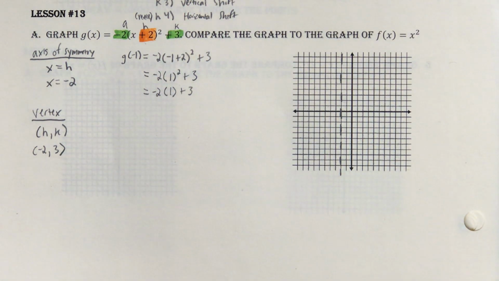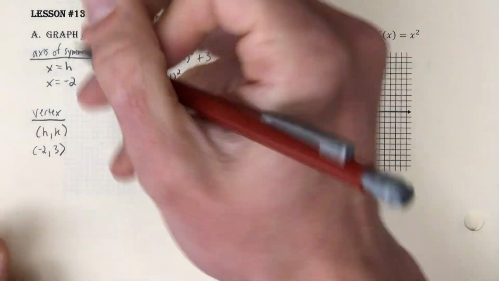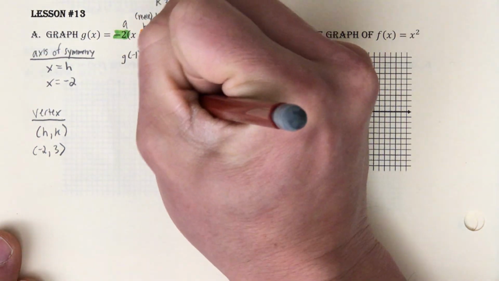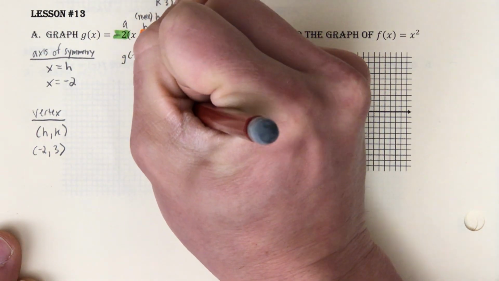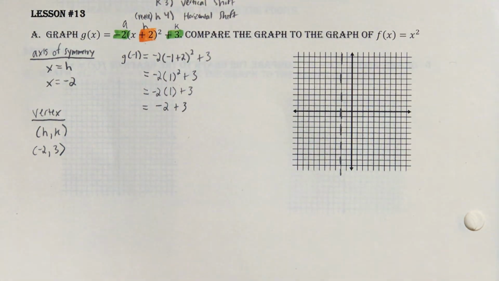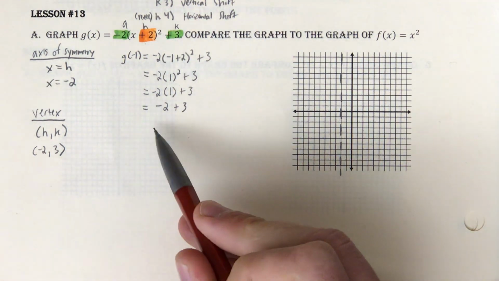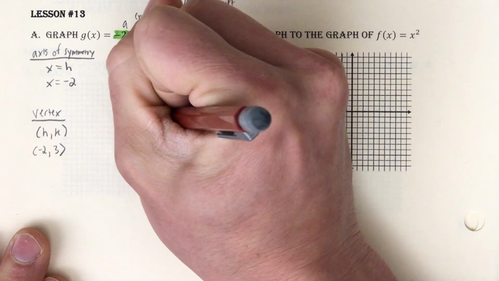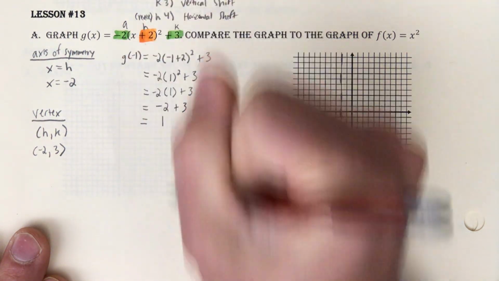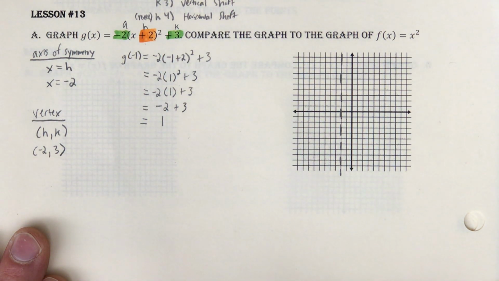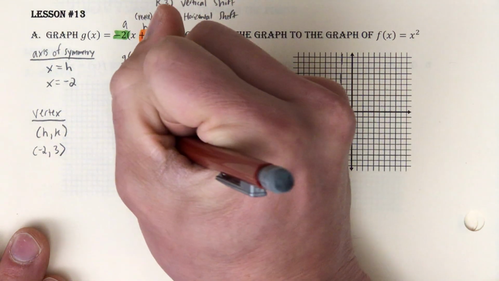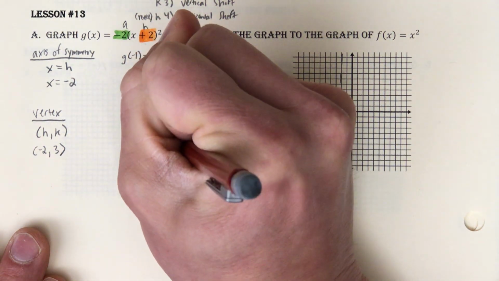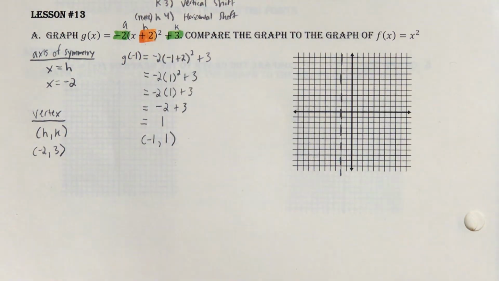Then I can move on to multiplication and division: -2 times 1 is -2, and then plus 3. And the last step, addition and subtraction: -2 plus 3 is +1. So my ordered pair for that point would be -1 comma 1.